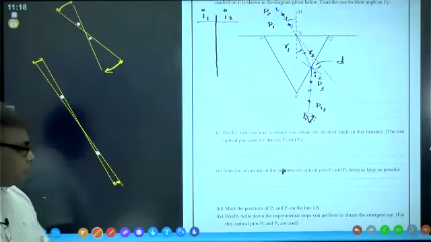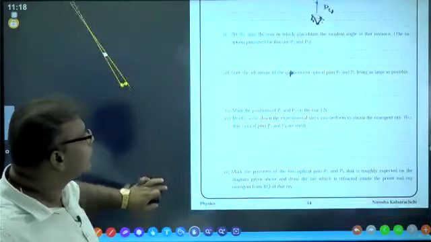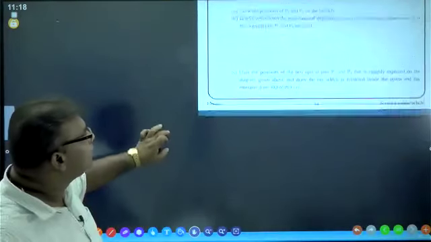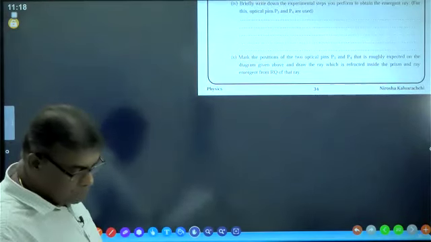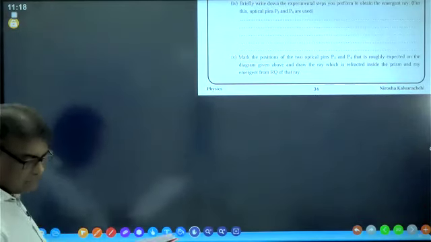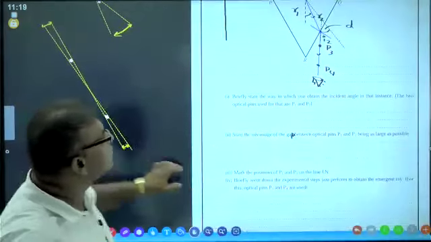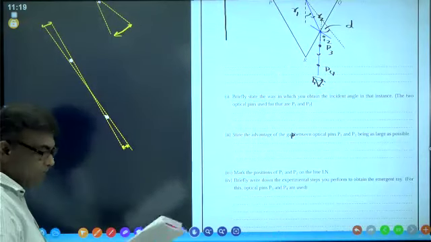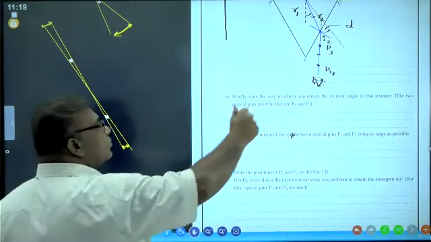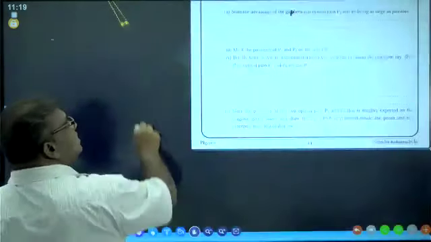That's enough. Mark the positions of P3 and P4. Then it was labeled, no? Here, P3 and P4 should be positioned. Roman 5 completed. Then we have to copy these 2 points, right? Okay, can we check the other part?